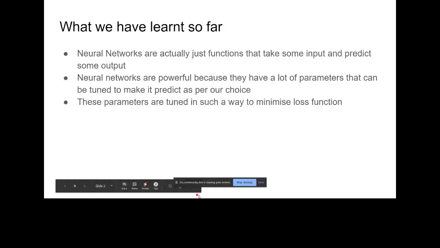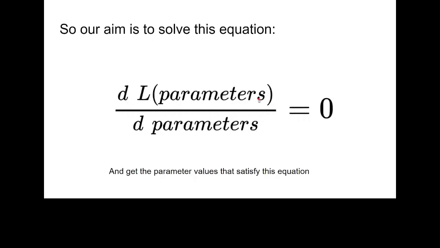The loss function is a function of the parameters of the neural network. The neural network takes in some input, does some operation on it, and gives some output. We have some expected output.